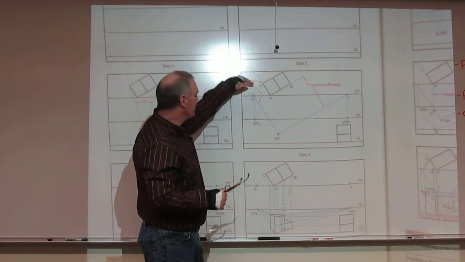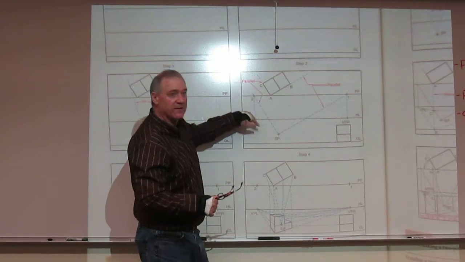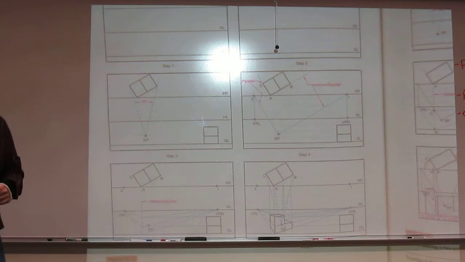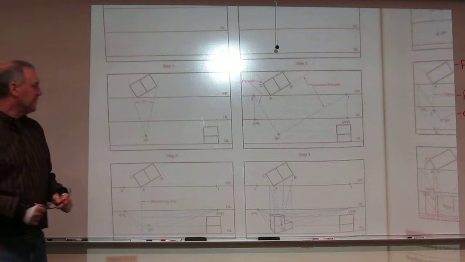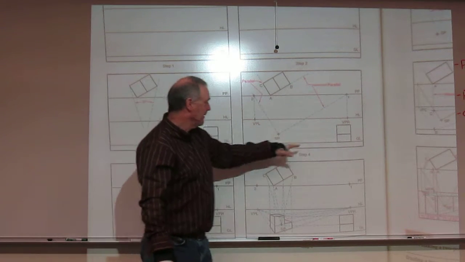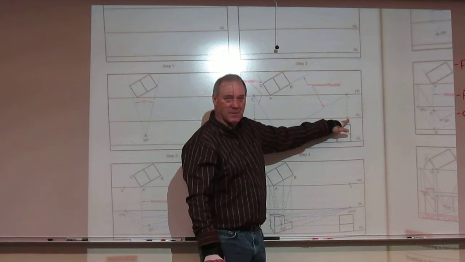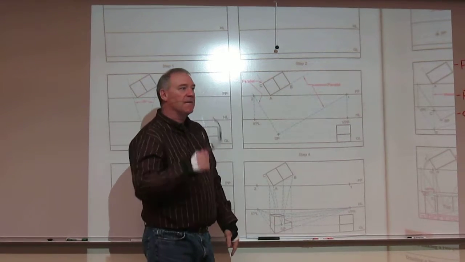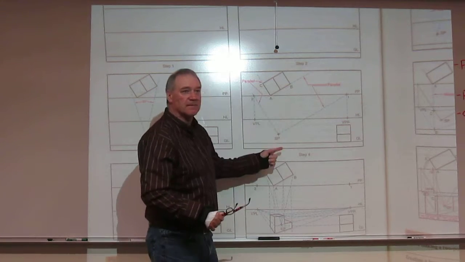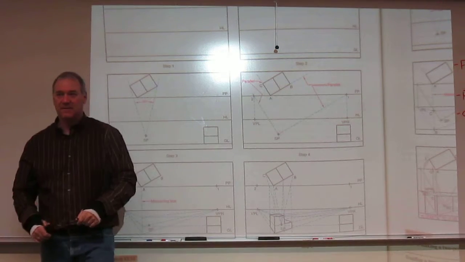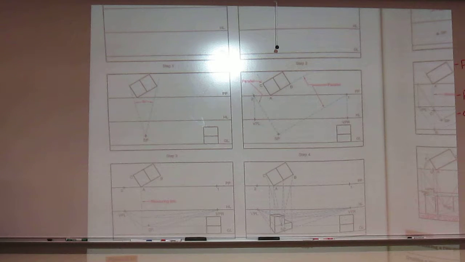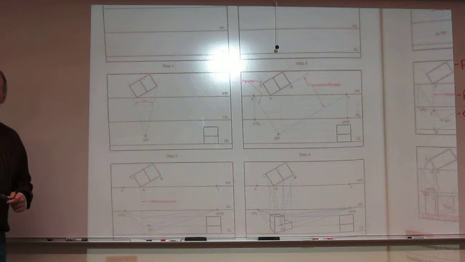Once you hit the picture plane, draw it straight down to the horizon line, and that defines your vanishing points. So here's the vanishing point for my depth axis. There's the vanishing point for my width axis. The vertical axis on here, or Y, is just straight up and down because we are not vanishing that. Got it?